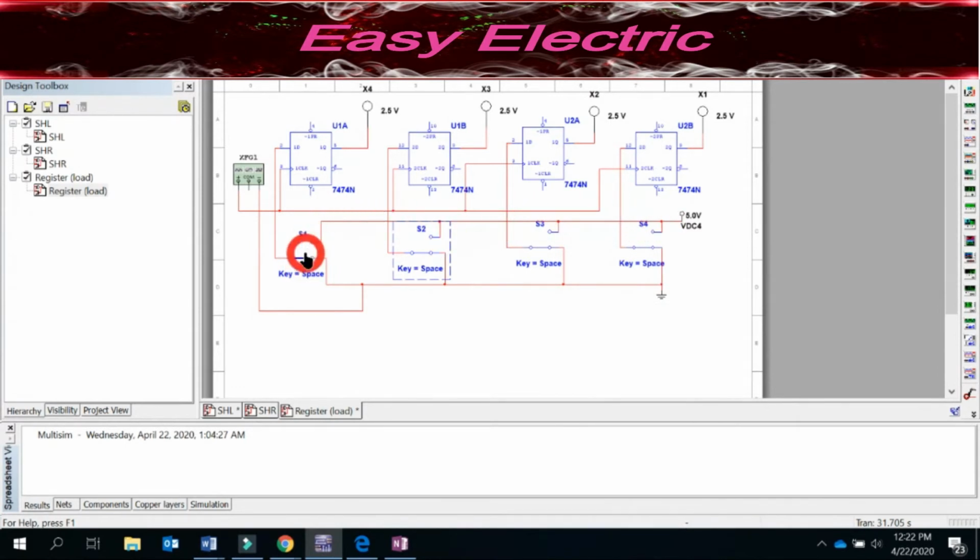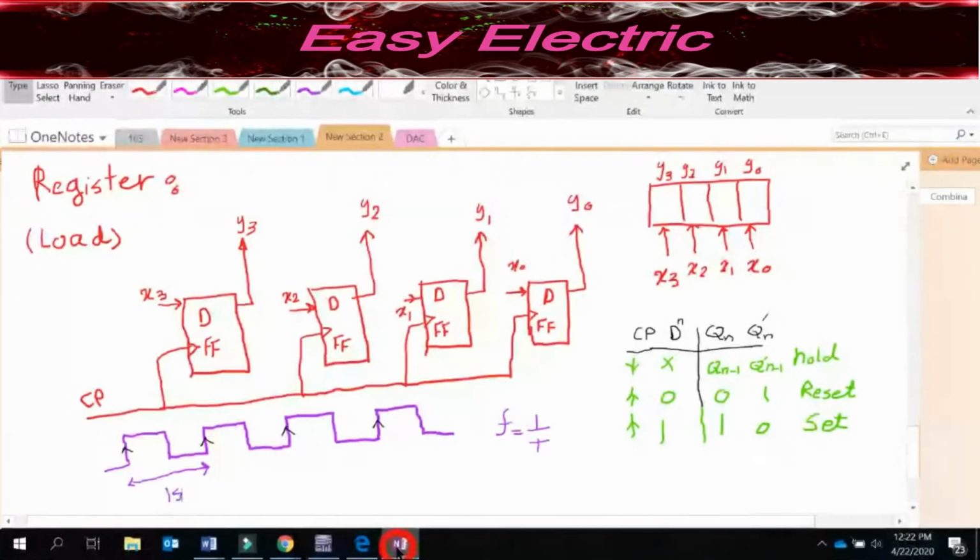So whenever I change this switch here, this input is 1. So whatever you have, this switch, you are changing the input value of D, okay? So if I go back to my design, I put one switch here for x3, one switch here for x2, one switch for x1, and one switch for x0. Why did I do that? Because I want to be able to give 0, 1.